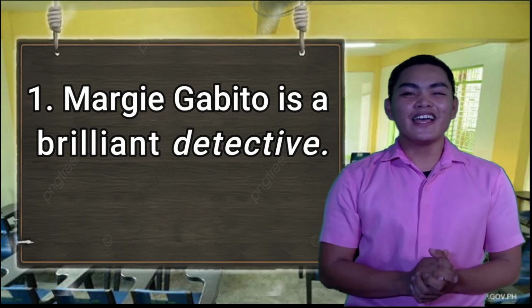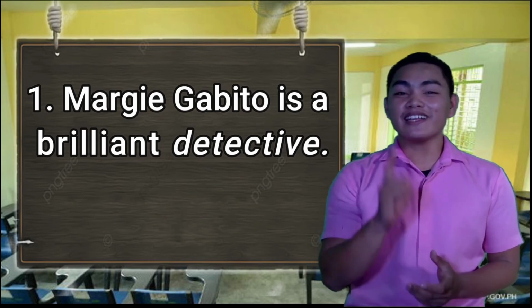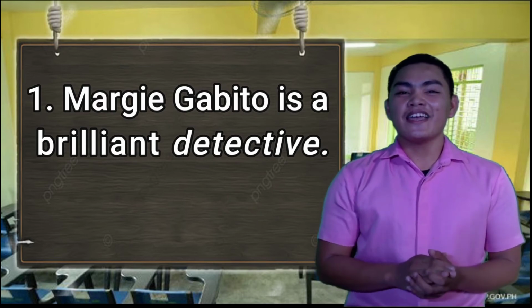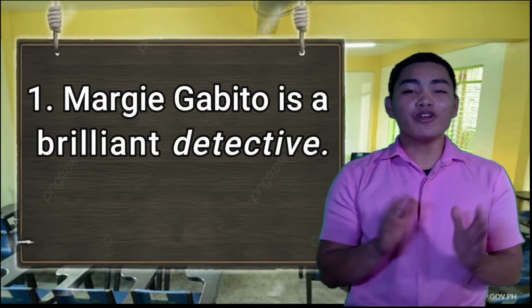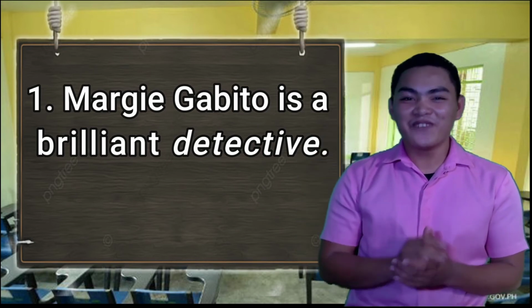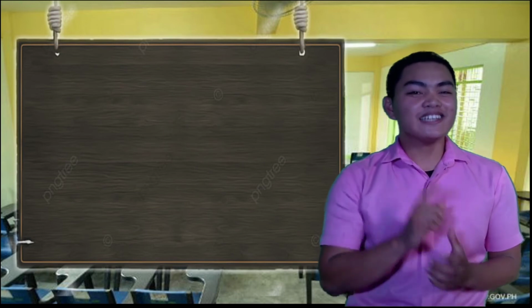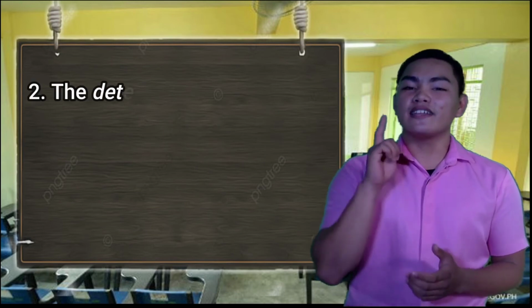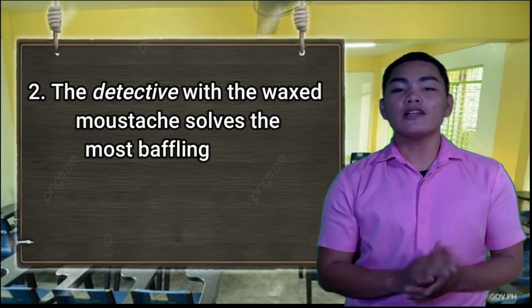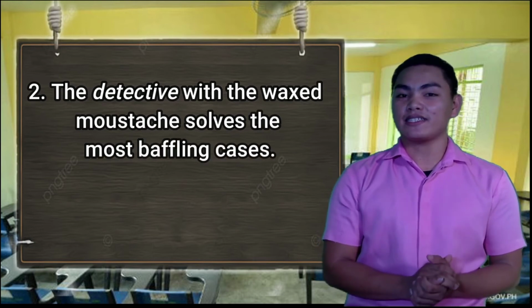Very good! The word that modified the word detective is brilliant. Why? Because the adjective brilliant modifies the predicate noun which is detective. Very good! Second sentence is, the detective with the wax mustache solved the most baffling cases.